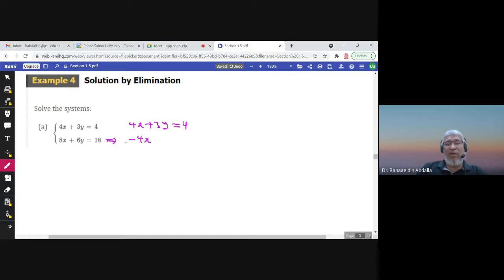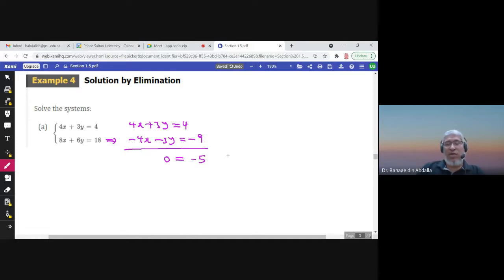Why did I divide by negative 2? To have the coefficients of x opposite to each other. And 6 over negative 2 and 18 over negative 2, negative 9. Now, if you add these two equations, you will get 0 here, and here 4 minus 9 is negative 5.